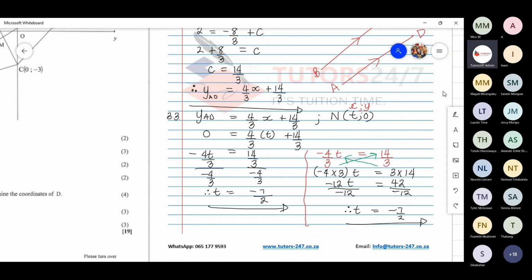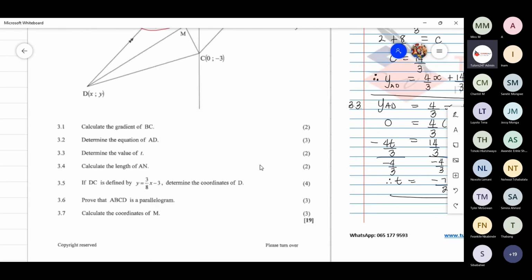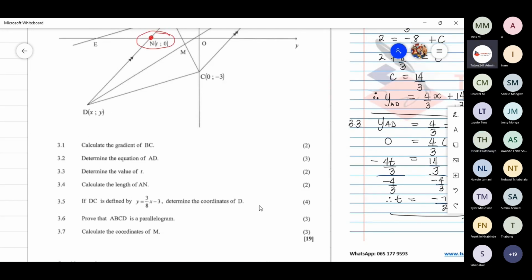So let us proceed. So we now have question 3.4. Question 3.4 states, calculate the length AN. So let's first go and find AN.